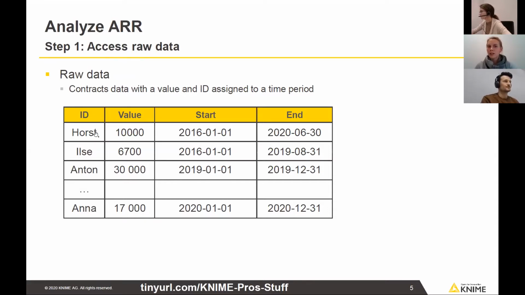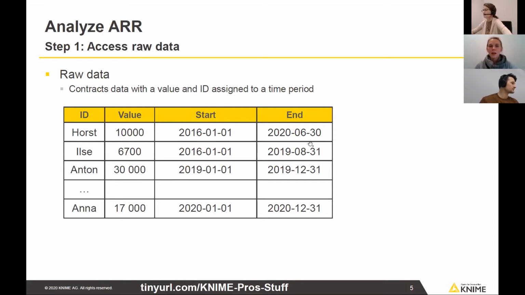For each contract, we have an ID, then we have the value of the contract, and also the period when the contract starts and when it ends. And this kind of data could come now from, for example, if you sign up to a fitness studio and you pay for a certain period. This could also be software licenses, or they could be any other services where you pay for a certain time.